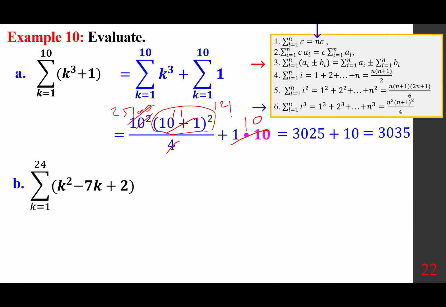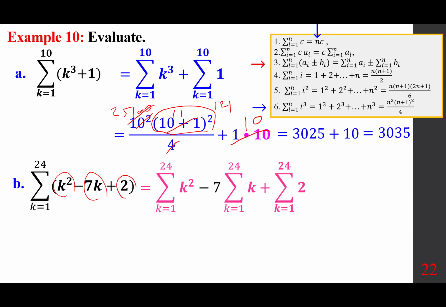What about this one? We are going to do exactly the same. We are going to cut them into pieces. And by that, I mean this piece, and this piece as follows.